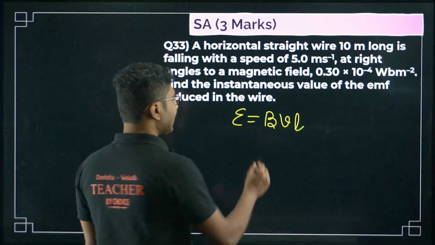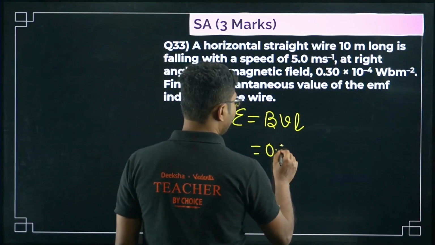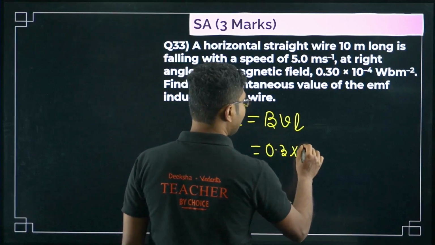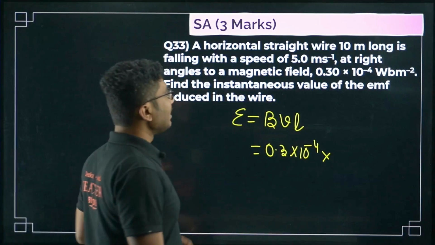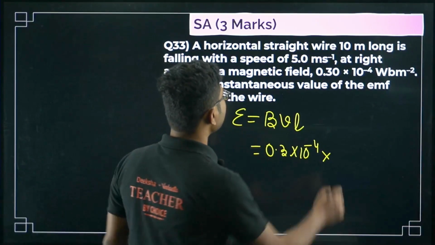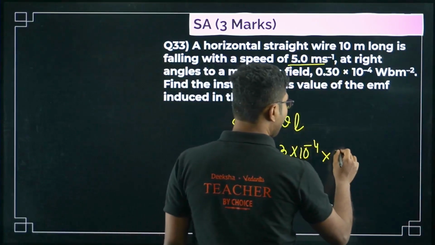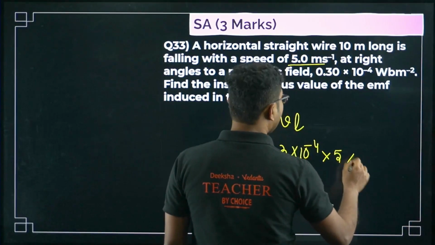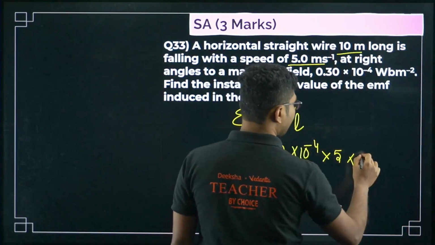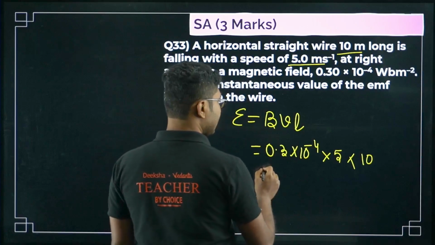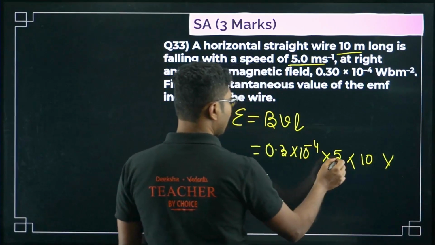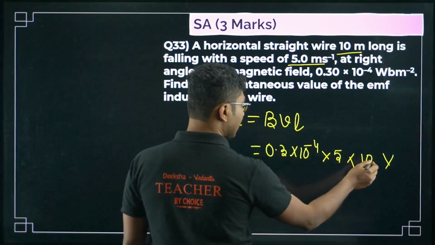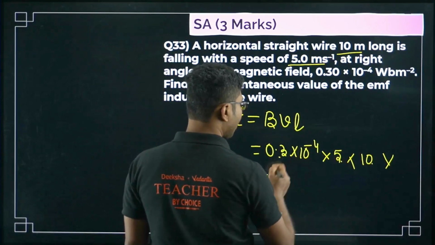Okay, so B is given as 0.3 into 10 to the power of minus 4. Many students are afraid of solving questions, but you have to remember the formulas, then you can use them. V is speed, that is 5 meter per second, and L is the length, that is 10 meter. So just do it, and you'll get the EMF in volt. 10 into 0.3 is 3, 3 5s are 15.